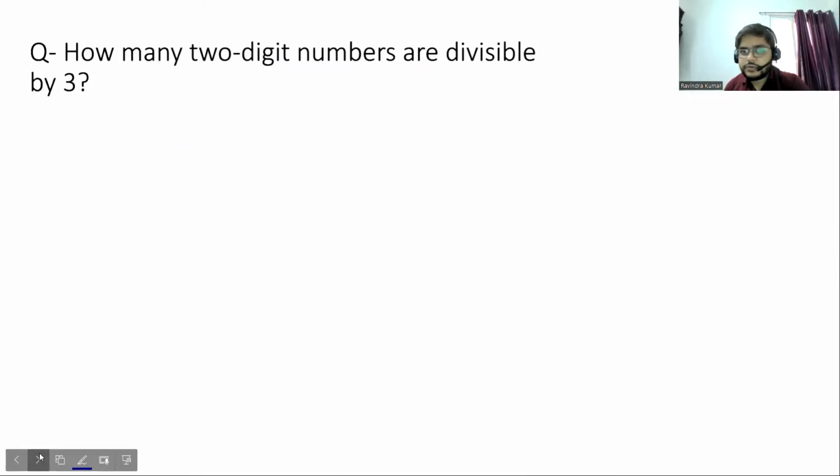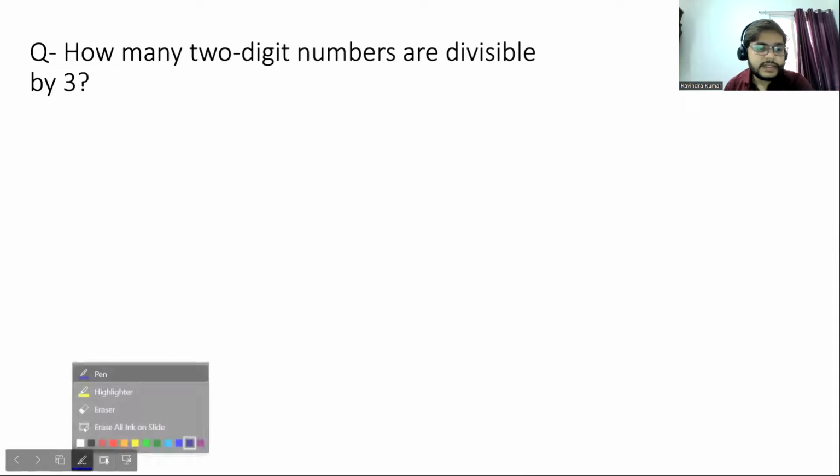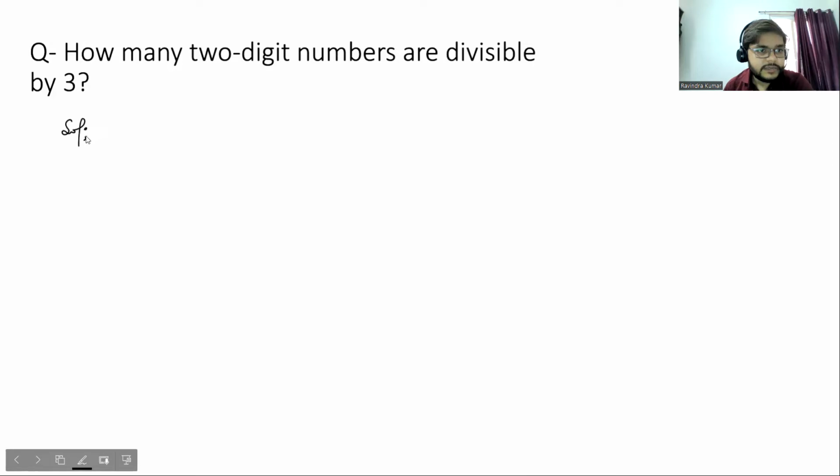So now let's move to the next one. This is our next question. It is saying how many two-digit numbers are divisible by 3? It is saying two-digit numbers. Okay, so just try to find it out. So count the table of 3. 3 times 10 is 30, so it will be 2 digits. But do we have a smaller number than 30? So we have 3 threes are 9, and 3 fours are 12, the first 2-digit number.